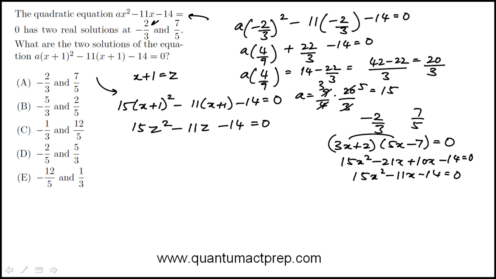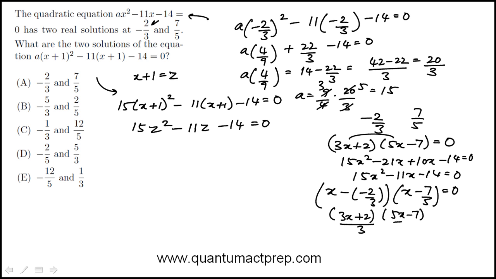The way I've constructed it is that you do x minus 2/3, x minus 7/5 equal to 0, and then you'll get 3x plus 2 over 3, 5x minus 7 over 5. These terms, if you multiply both sides by 15, disappear, because you have a 0 here. So you end up with this.